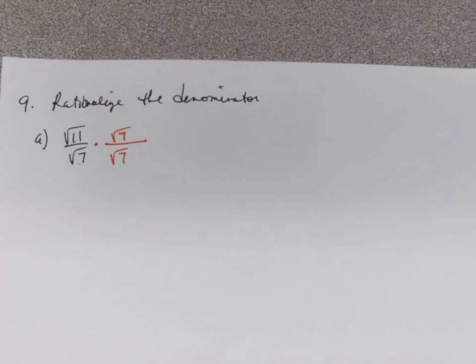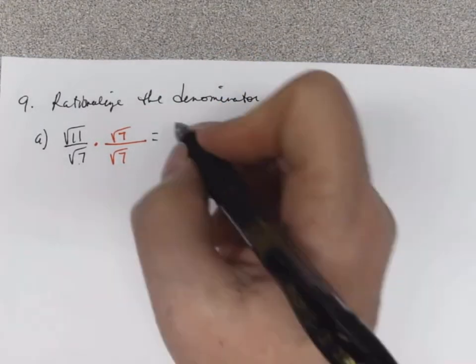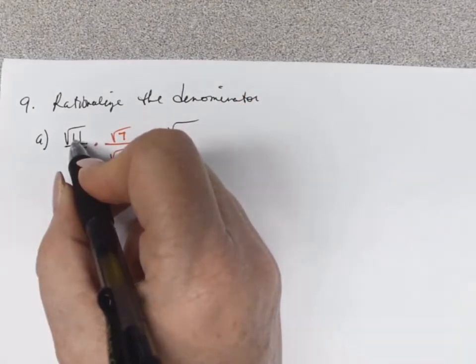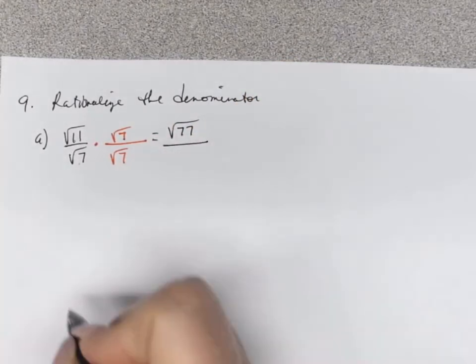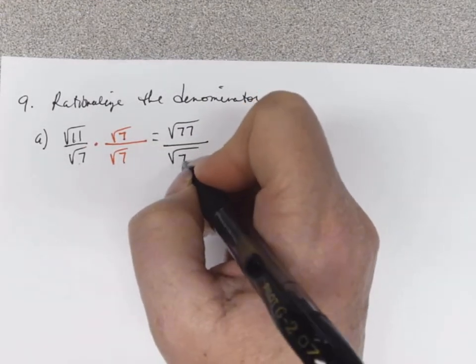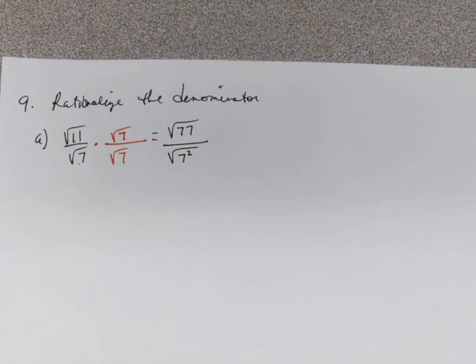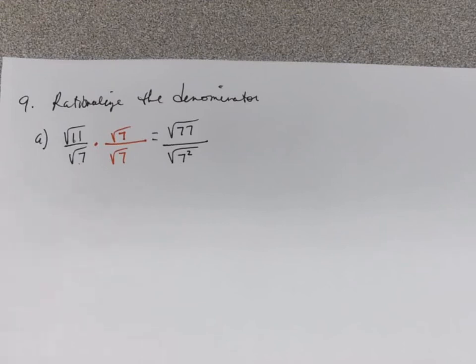Or what I do to the denominator, I do to the numerator, whichever way you want to look at it. So on the top, we have the square root of 11 times 7 is 77. And on the denominator, you can either make this 49 or you can look at this as 7 squared. You can look at it that way because in other cases we'll have a square term, or you can write it as 49. It doesn't matter either way.